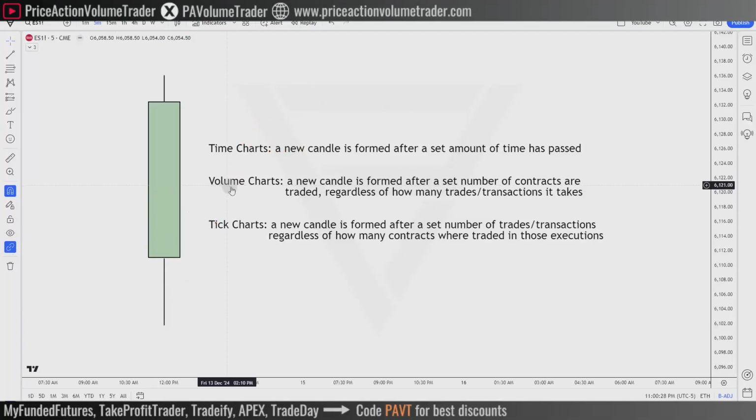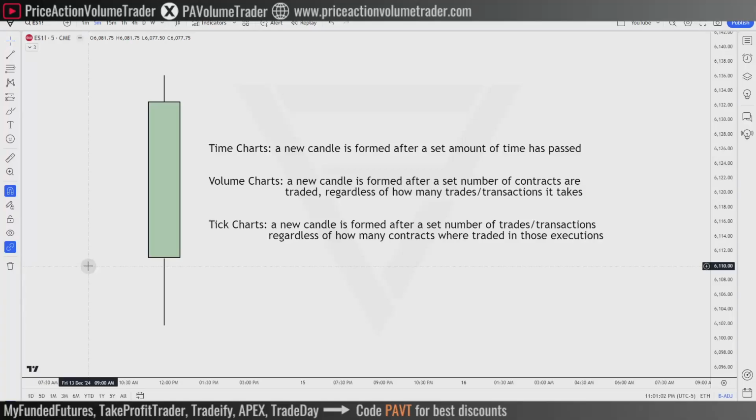Okay? Now, volume charts, I'm not going to get into volume charts. I don't use them, but they're pretty similar looking to tick charts, and they're related, but there's a very important distinction between them which I want to go over just so you have it clear. So with volume charts, a new candle is formed after a set number of contracts are traded, regardless of how many trades or transactions it takes, okay?